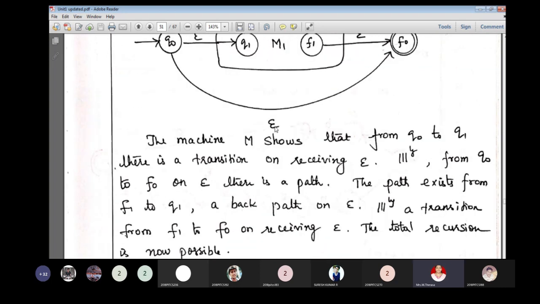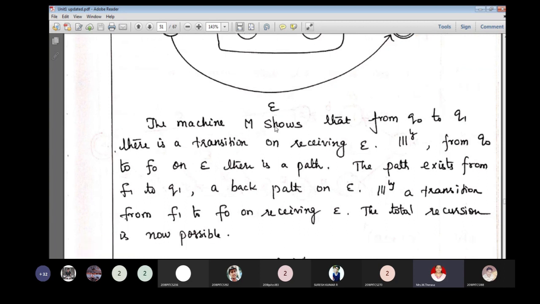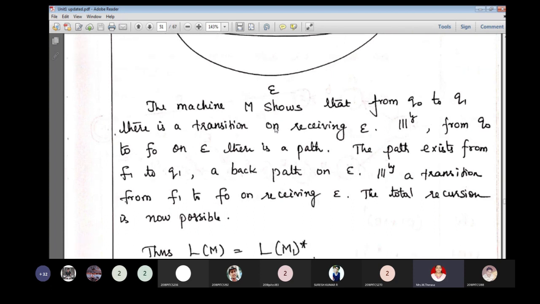The machine M shows that from Q0 to Q1 there is a transition on receiving epsilon. Similarly, from Q0 to F0 on epsilon there is a path. The path exists from F1 to Q1, a back path on epsilon.